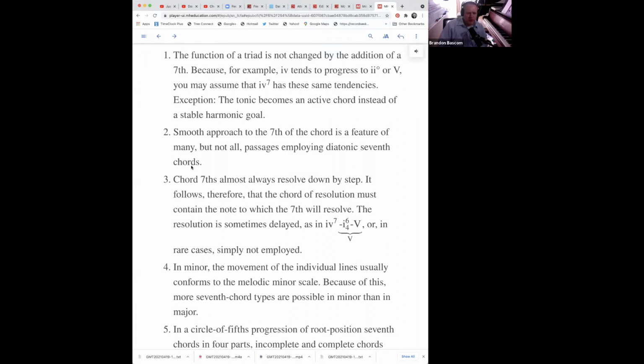They wanted you to see that there was a suspension-like figure. They said both the 2 half diminished 6/5 and the raised 6 half diminished 7th chord use the suspension figure. And they said that this chord is incomplete, perhaps to avoid unequal fifths with the bass. Did they mean parallel fifths?